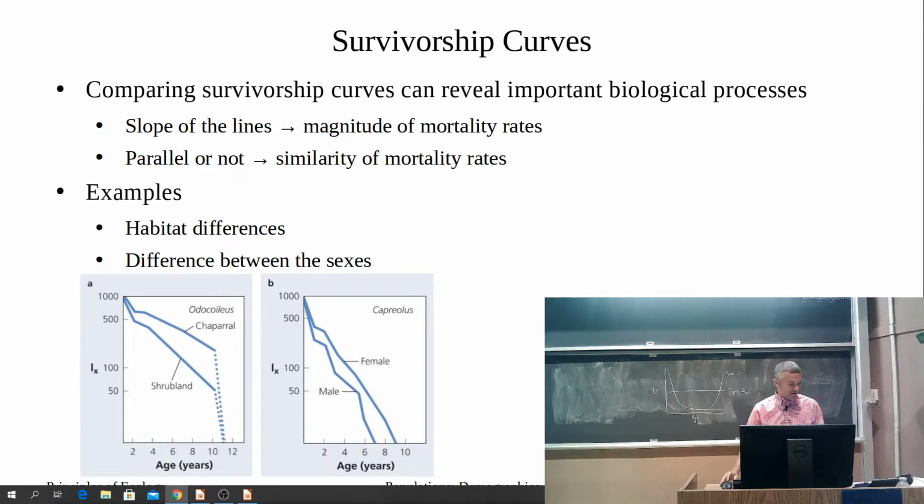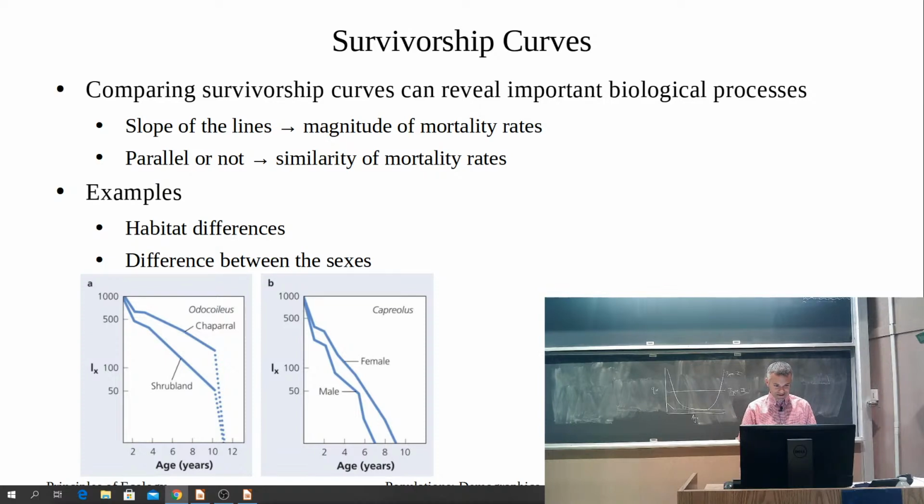This one, Capreolus, another type of deer species. It is, who knows? It is, hold on, I'm thinking, gonna look it up.